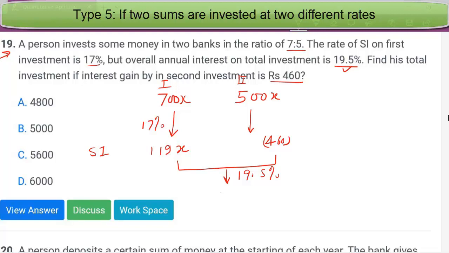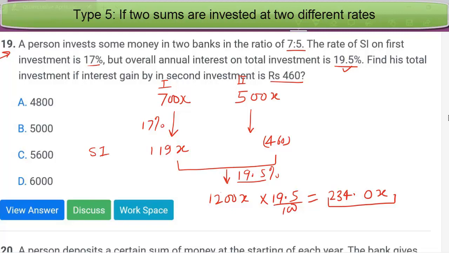So you are getting 1200x multiplied by 19.5%, so that will be 234x. So we have calculated that the overall interest he is getting is 234x.